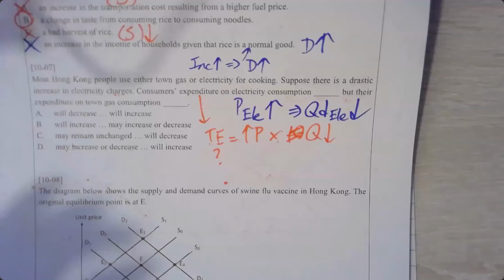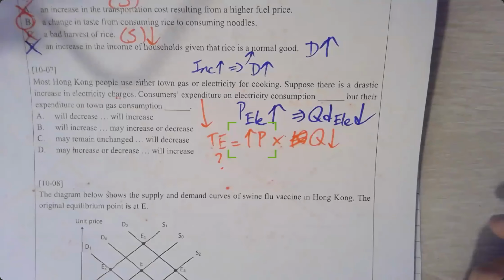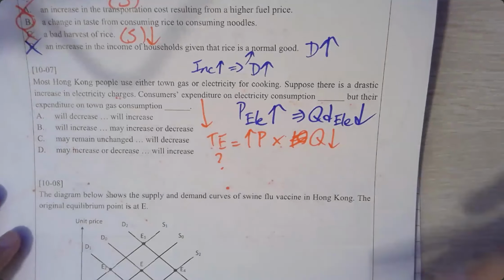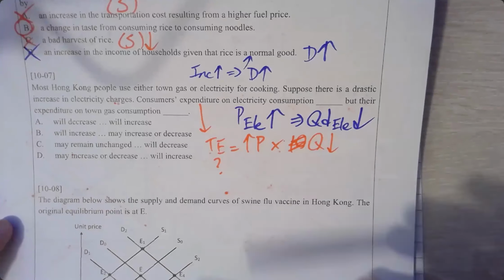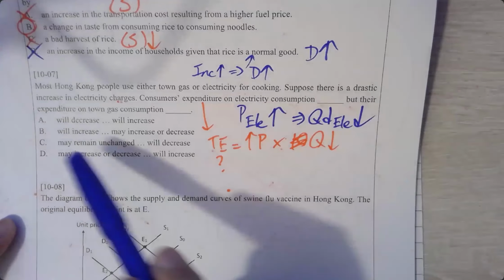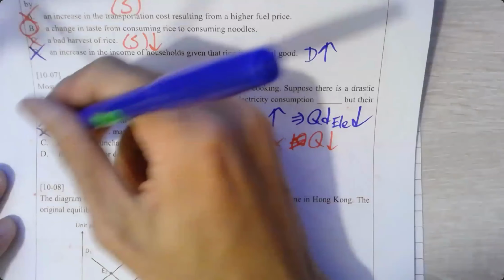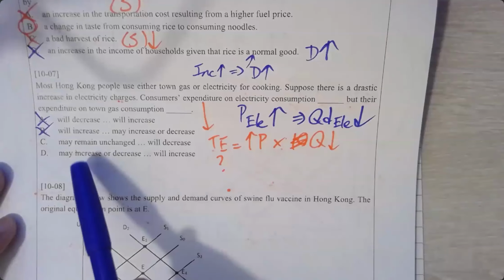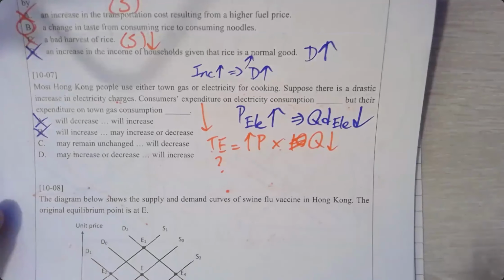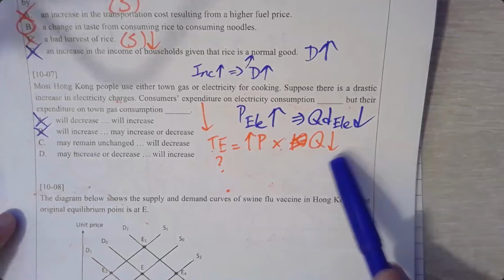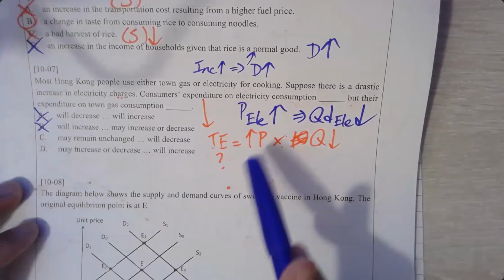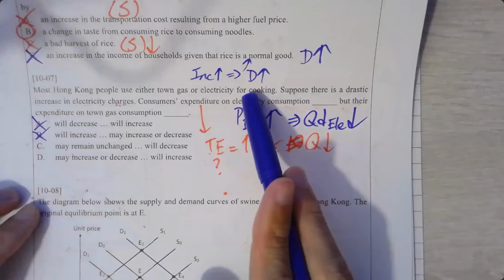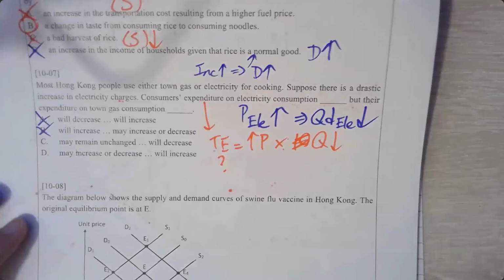More precisely, it should be price elasticity of demand. But let's not get too technical. So it may increase, may decrease, may remain unchanged. We actually don't know. So A and B are definitely wrong. C and D are unknown.